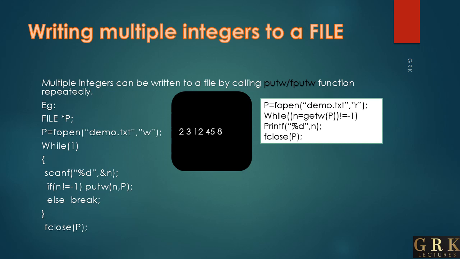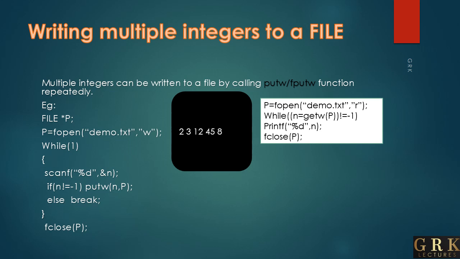If that n is not equal to -1, that means we have not reached the end of the file. If it is equal to -1, we have reached the end of the file, meaning there are no other input values in the file to be read. If it is not equal to -1, we get some n value, that is the integer value, and that integer value I am printing on the console by using the printf statement.